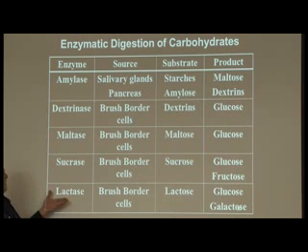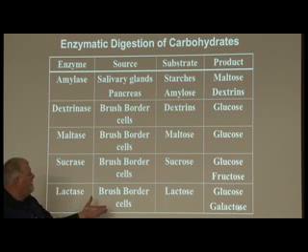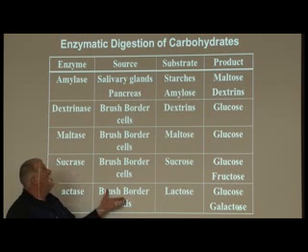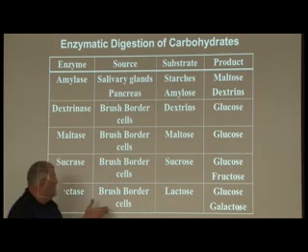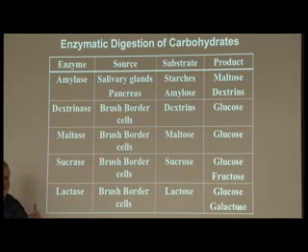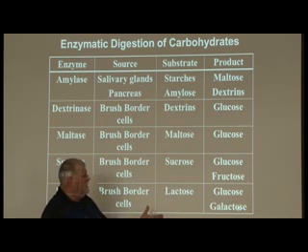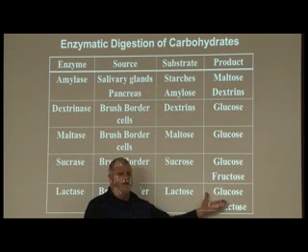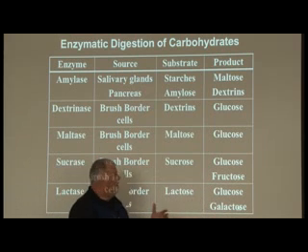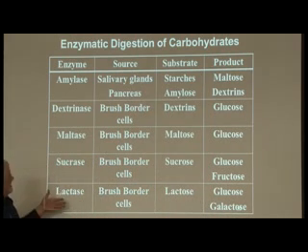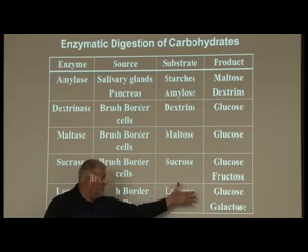We want to know the name of the enzyme, the source of the enzyme, where it's actually being produced, the substrate of the enzyme, what it's going to digest, and the end products of that chemical process of digestion. As you read this chart, it's a linear relationship.